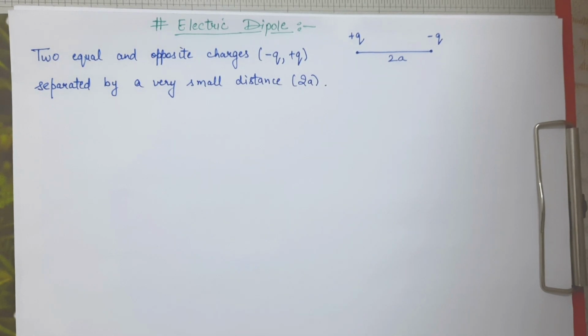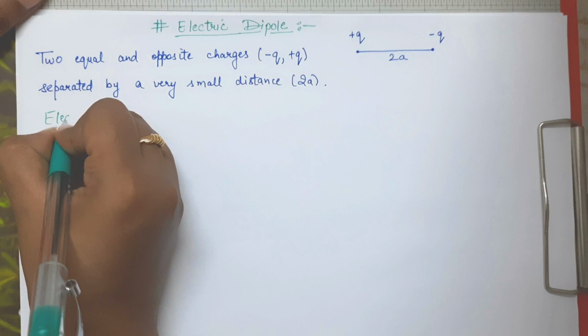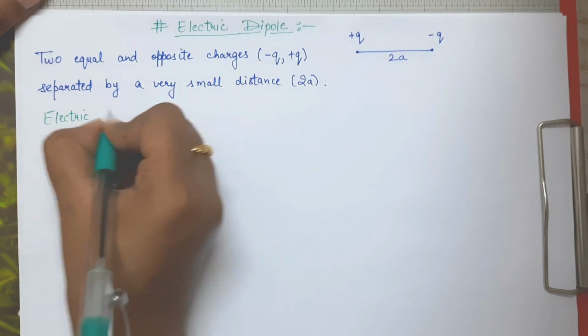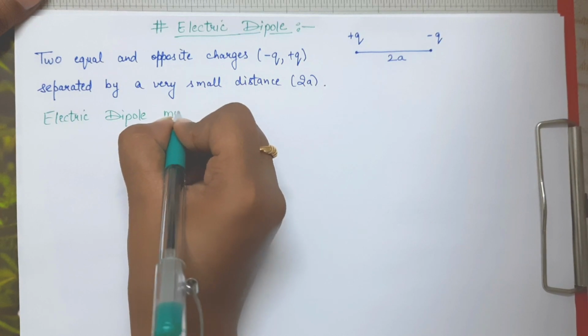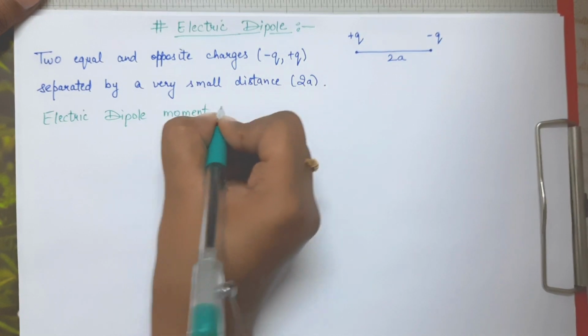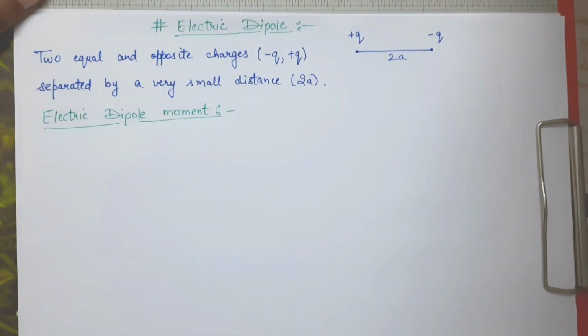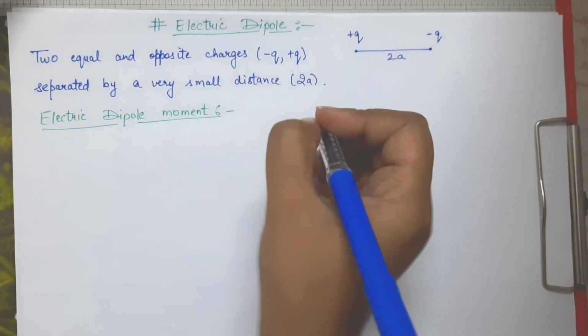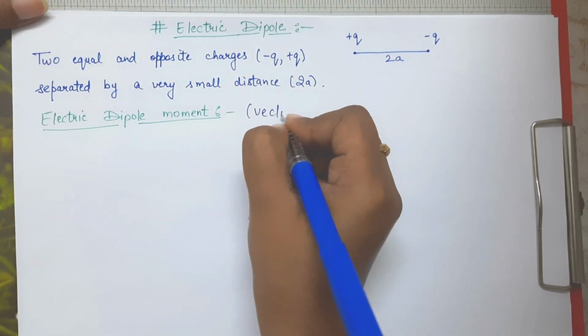Now next is, what is electric dipole moment? Basically, electric dipole moment is a vector quantity.